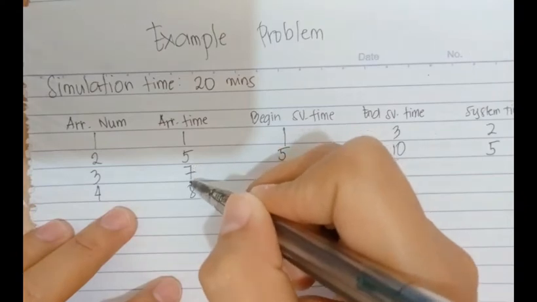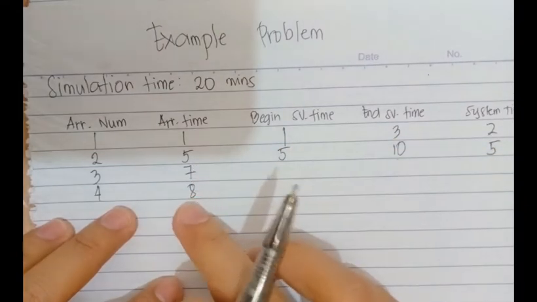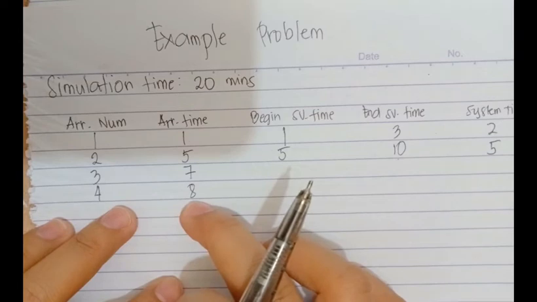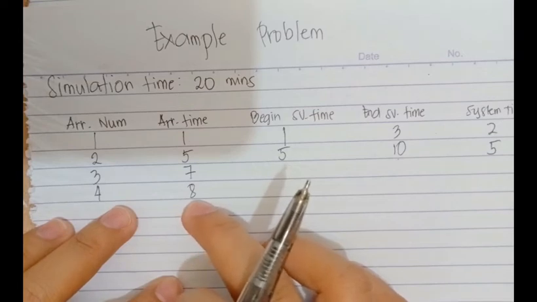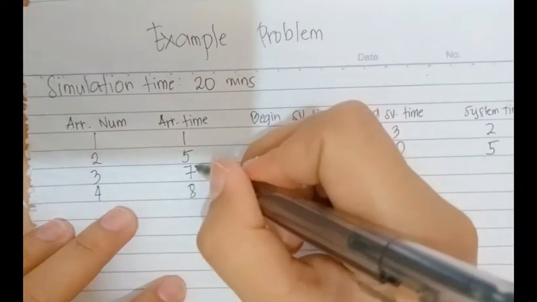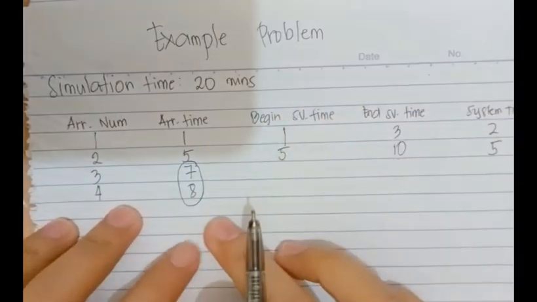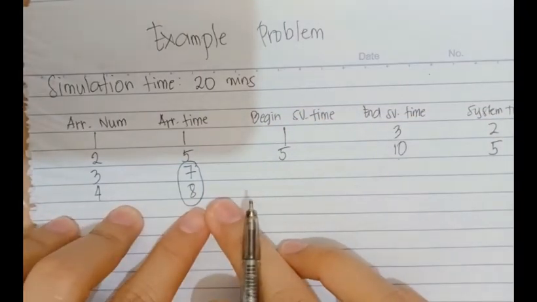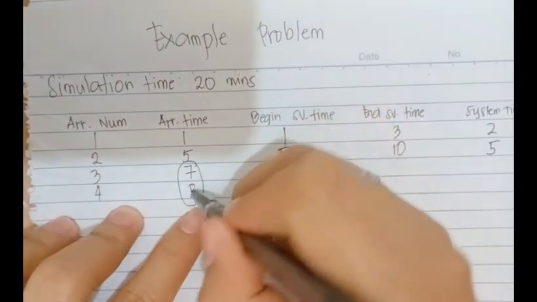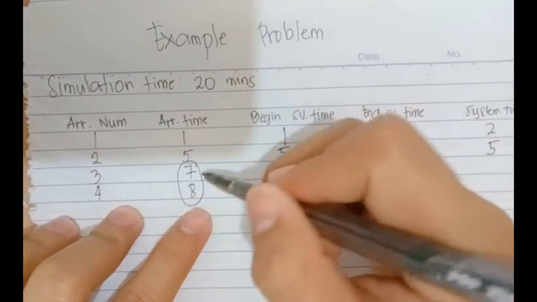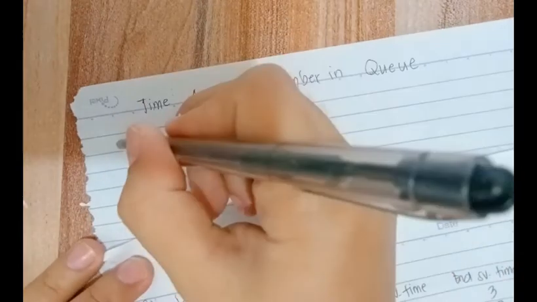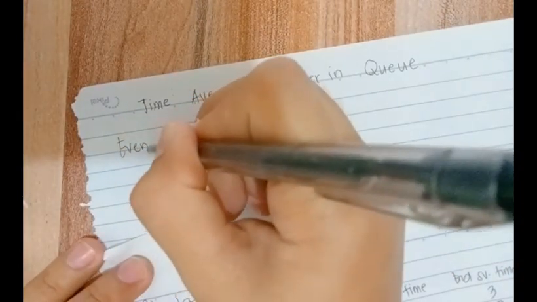So here, another entity has joined the queue, which means this is already a relevant event, from 7 to 8 minutes. So this is our first event, and I'm going to write here, event 1.